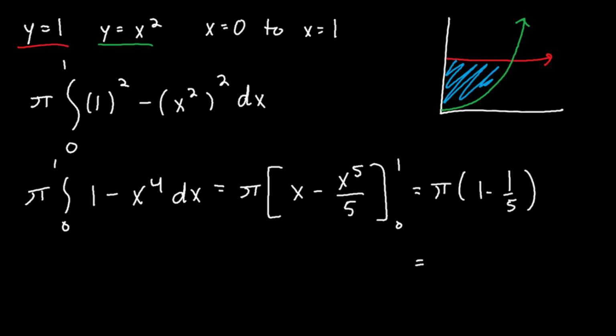You can leave it in this form, but if you want to simplify it, it will just look like 4 over 5 times pi. So really, if you can memorize the general formula that I showed earlier in this video, you're good to go with most discs and washers. Once you rotate about the y-axis, it's going to be a little different, but the general formula still holds. That's really all.